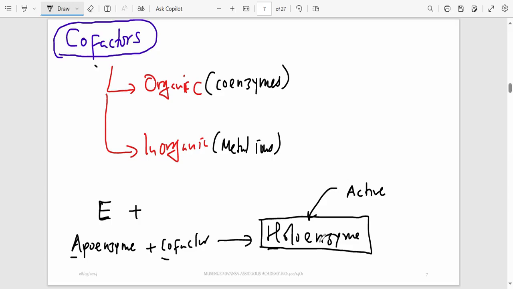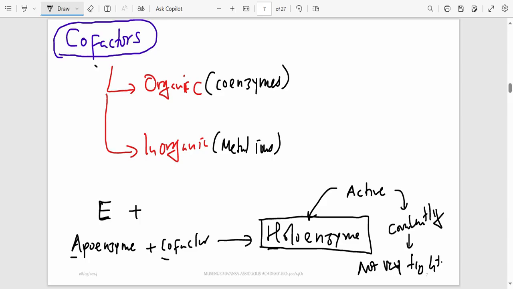So cofactors, how do they bond to their apoenzymes to form holoenzymes? They form covalent bonds. That's also important, covalently. But even if it's a covalent bond, they are not very tight. So basically that is it.